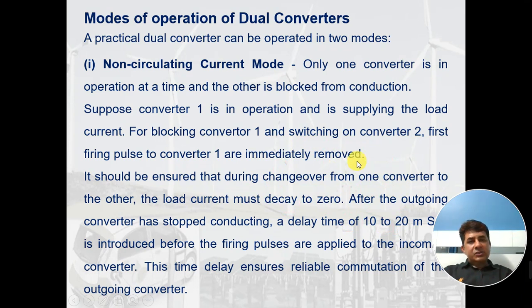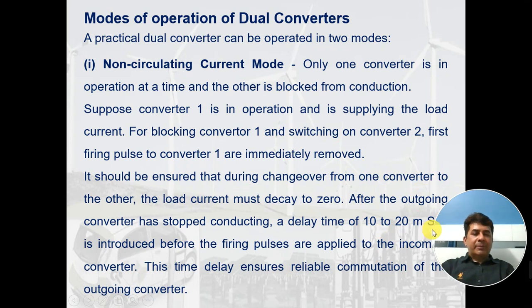So this mode is one of the easiest modes. There will not be any circulating current, but the only disadvantage of this mode is that when we have to change the converter operation from one quadrant to another quadrant, we need to introduce this time lag.